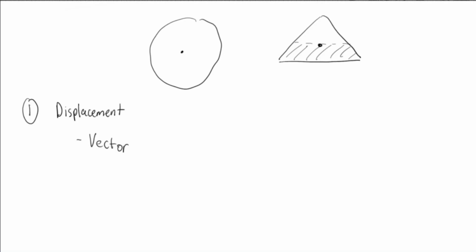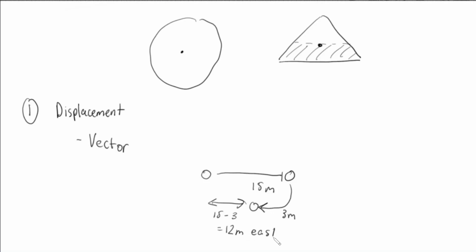For example, if an object traveled 15 meters east, then 3 meters west, its displacement from its original point is only 15 minus 3, which is 12 meters to the east.